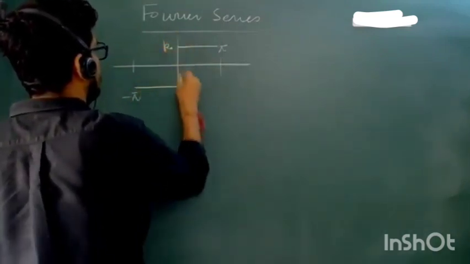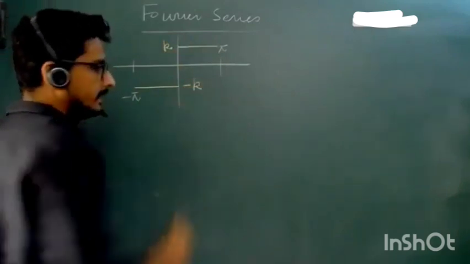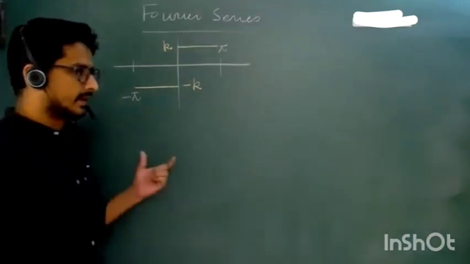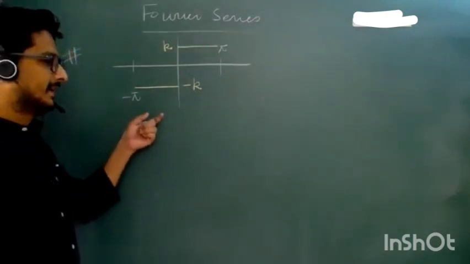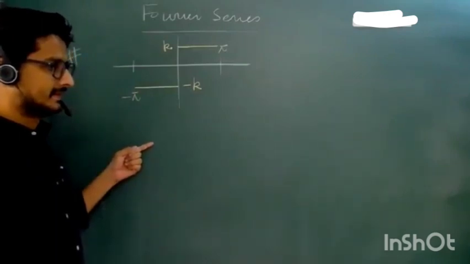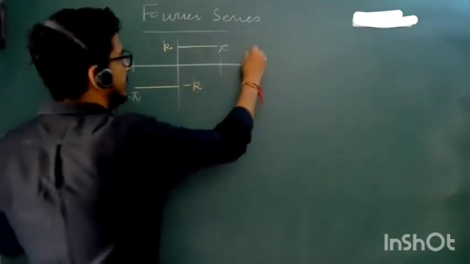This is plus k and this is minus k. This is the structure that is repeated on this side and this side, and we have to write the Fourier series for this structure.